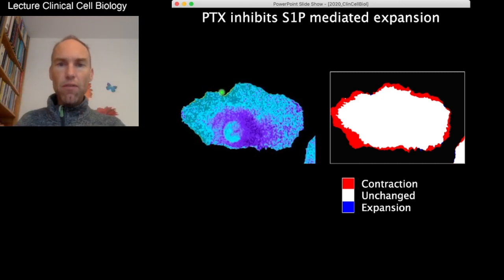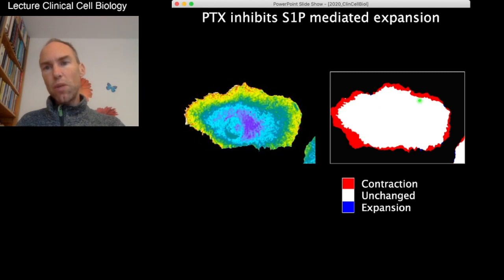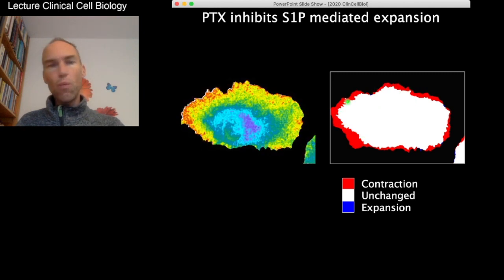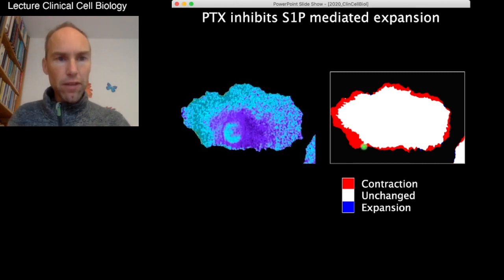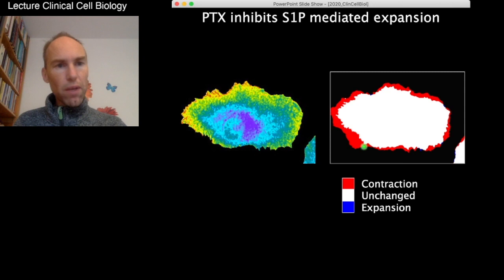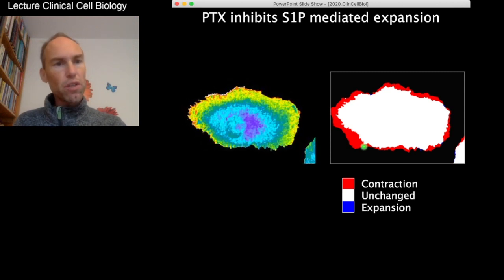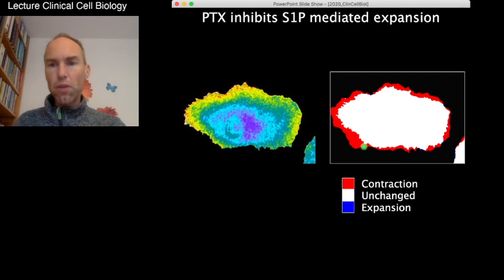It's clear from the movie, and it's also clear from this analysis, in which we now see a lot of red area, which is the area that has been contracted. So while sphingosine 1-phosphate normally increases area, it now decreases. So it starts to look more like the thrombin response.